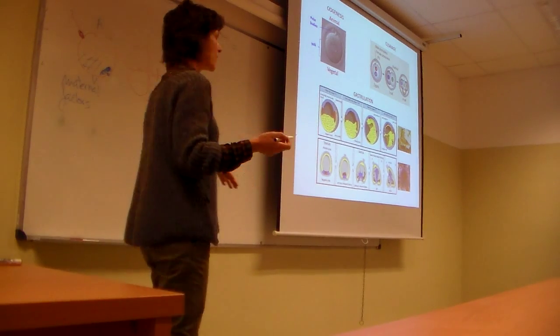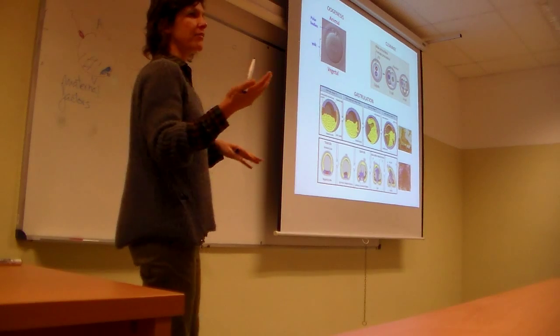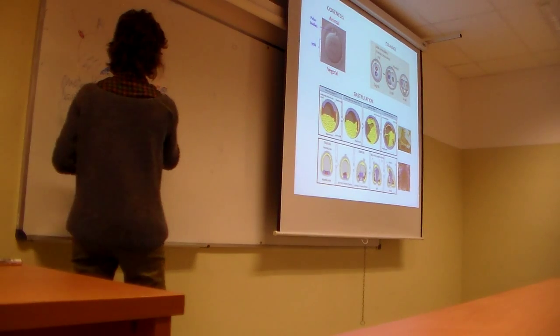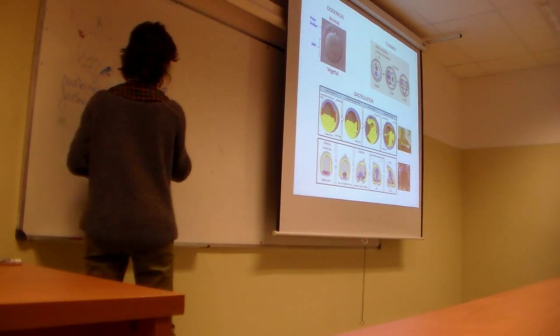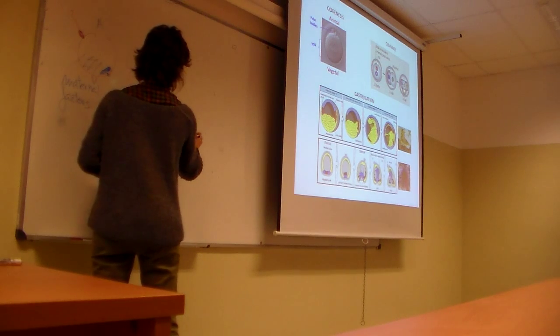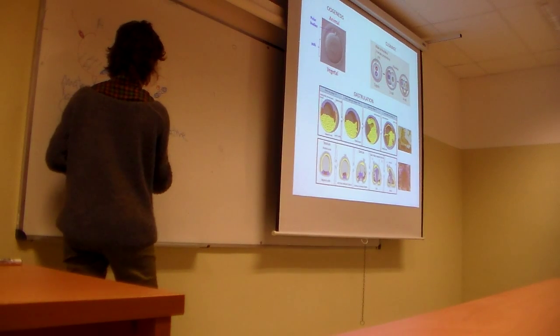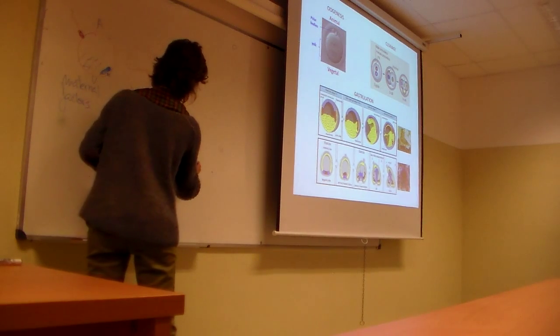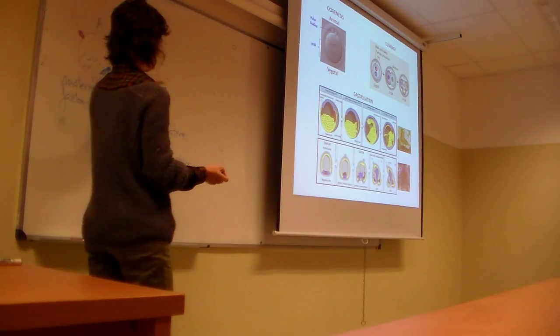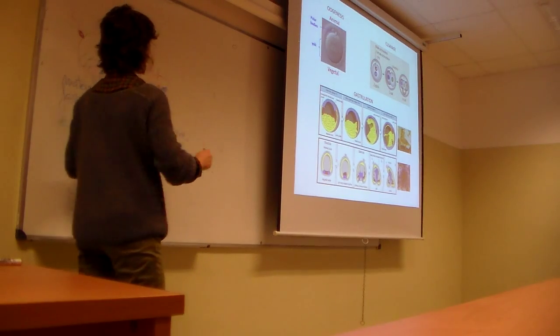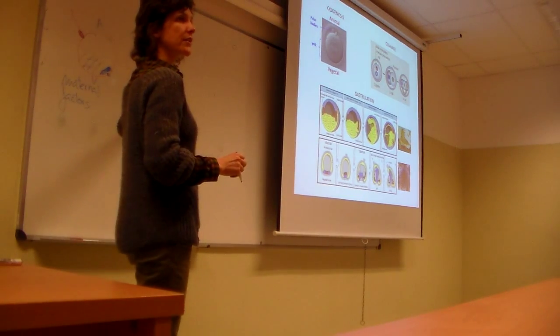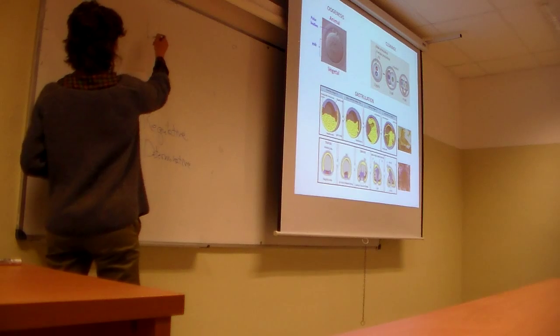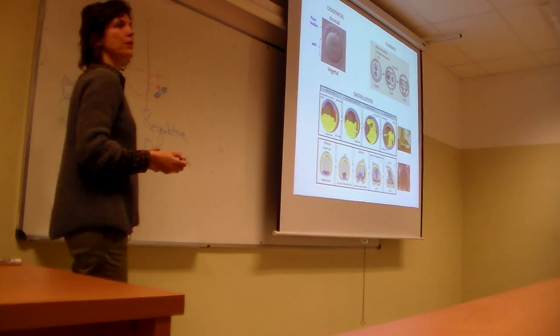Another thing that can happen: some animals have a development that is regulative, okay, and others it's determinative. It means that, for example, at this stage, the animal that has a regulative development, if you cut in two parts, what will happen?